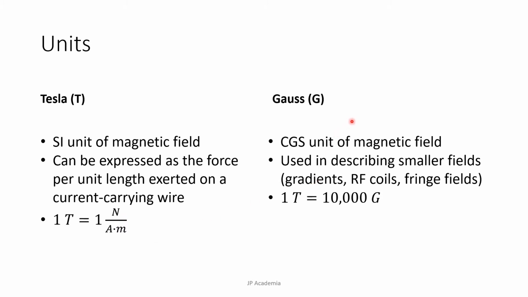Then we have Gauss. Gauss is the unit of measurement for magnetic field in the older CGS system, or centimeter gram second system. This is used in describing smaller fields that include gradients, RF coils, or fringe fields. 1 Tesla is equal to 10,000 Gauss.